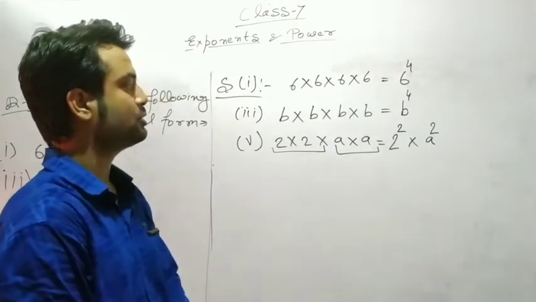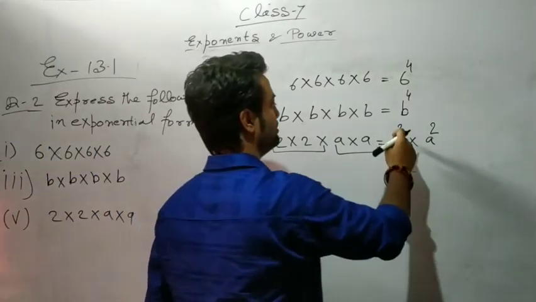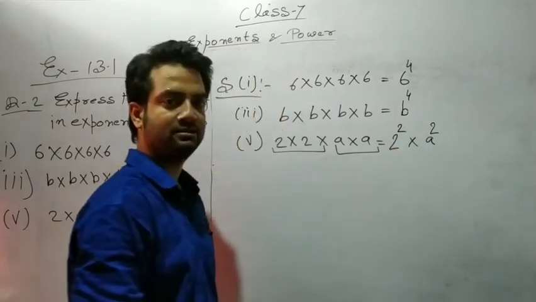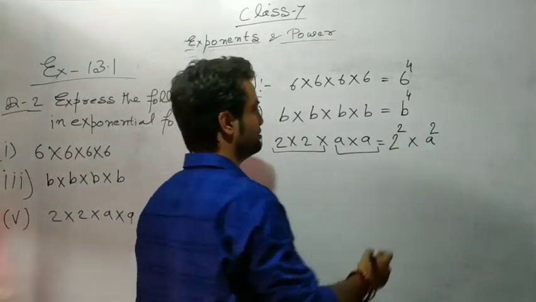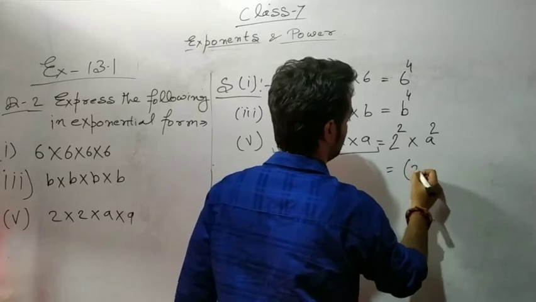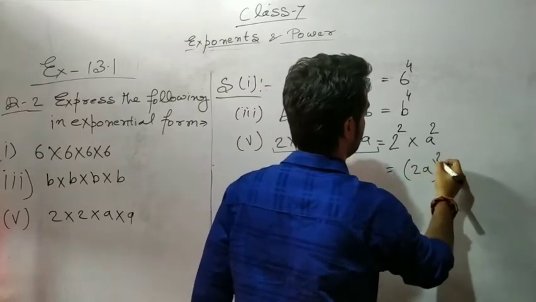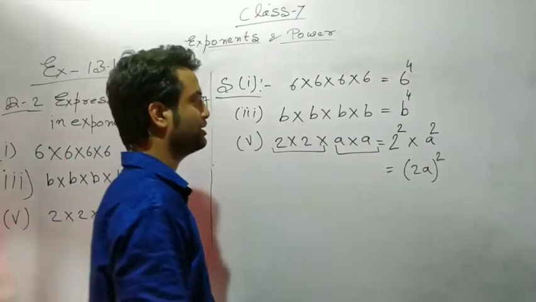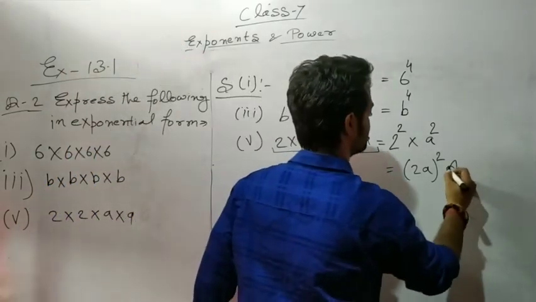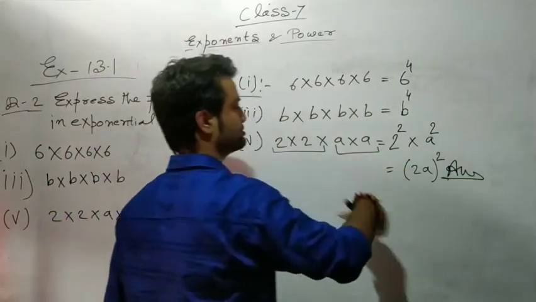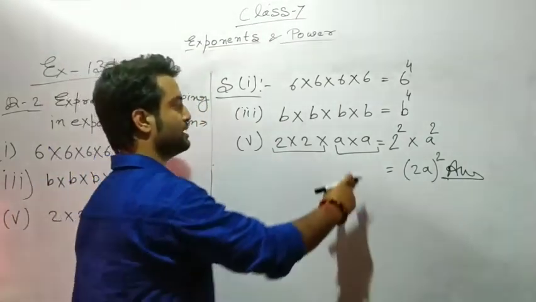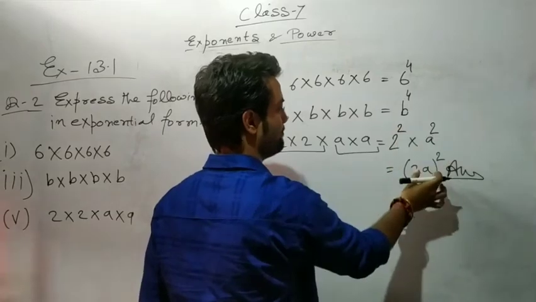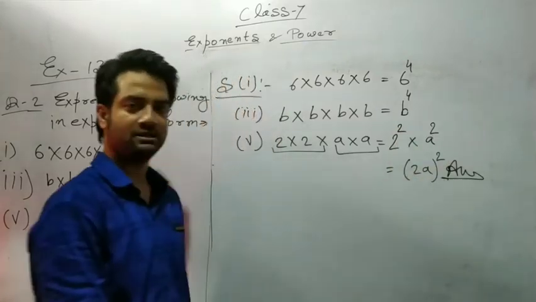Now we have read the property that if the power is same, then the base can be written as the combined multiplication. So we can write it as 2a whole power 2. Understood? Okay. So I hope the picture is clear now about this question, that 2 square into a square, the power was same, so bases are multiplied.